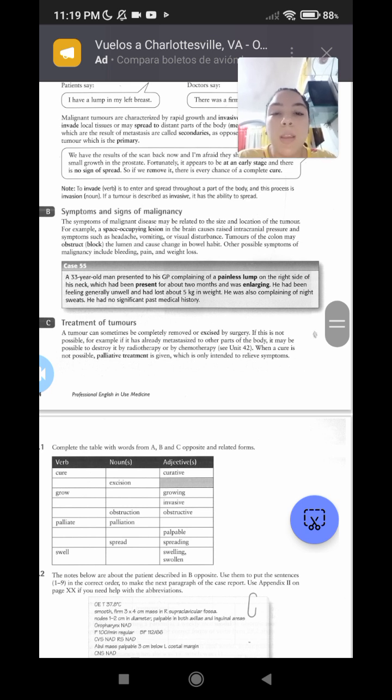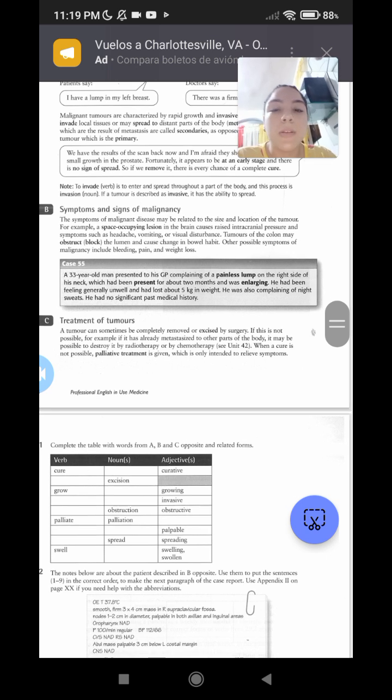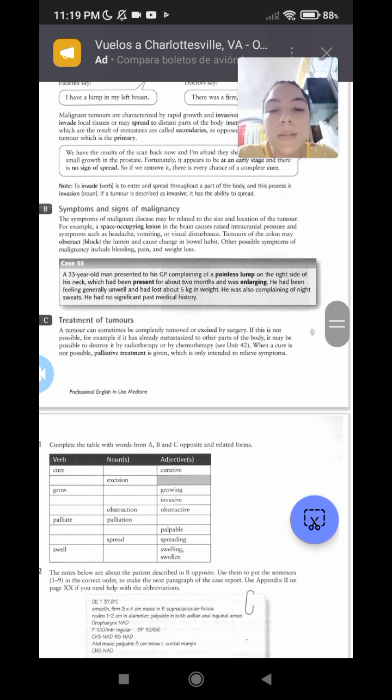A tumor of the colon may obstruct the lumen and cause changes in bowel habit. Other possible symptoms of malignancies include bleeding, pain, and weight loss.